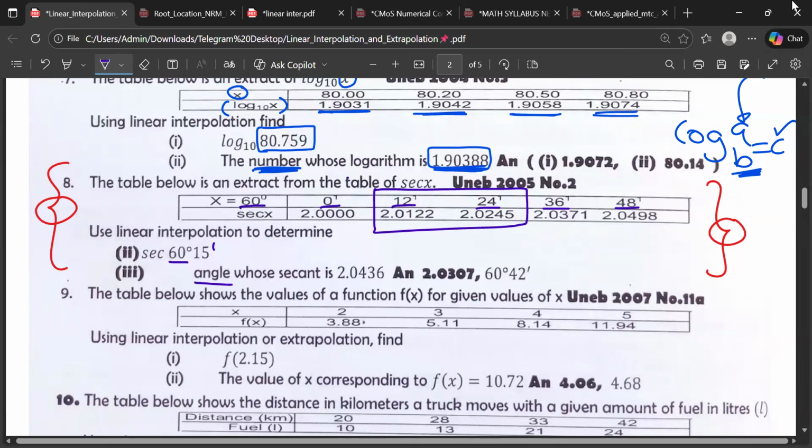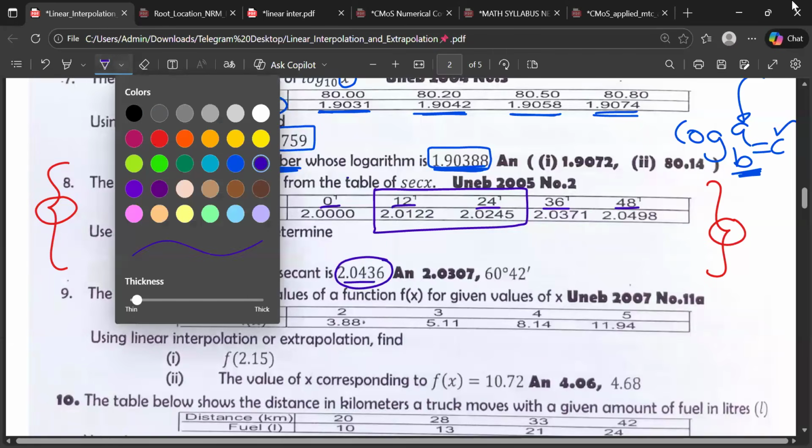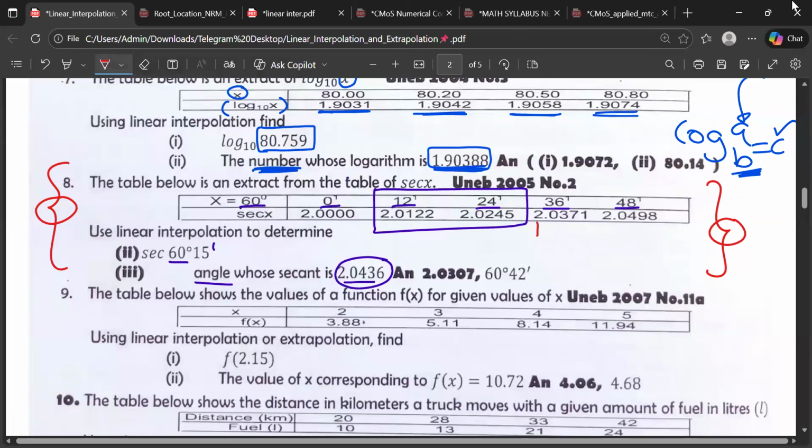They're asking for the angle whose secant is this, so you look for this one by interpolation. I think it falls between these two. But the best thing, if you really want peace, is to convert these into degrees and use them as degrees. I taught you how to convert into degrees, and no one will penalize you. Later on you can even convert them back into minutes.